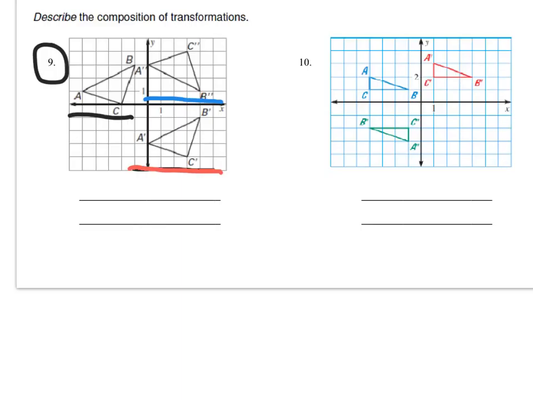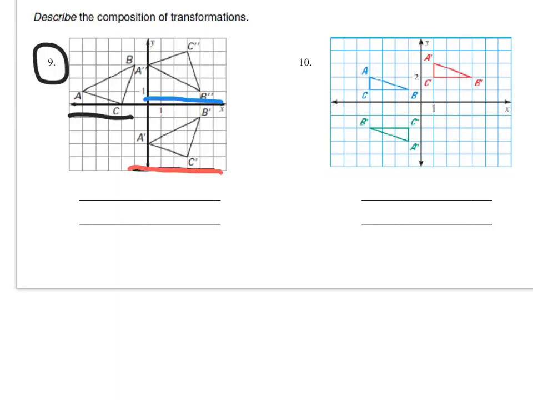You can tell that the second figure is underlined in red because there's just one apostrophe. It's the A prime, B prime, and C prime. And the blue figure is A double prime, B double prime, and C double prime. So on this first line, we want to write what we had to do in order to get from our original figure to our A prime, B prime, and C prime figure.